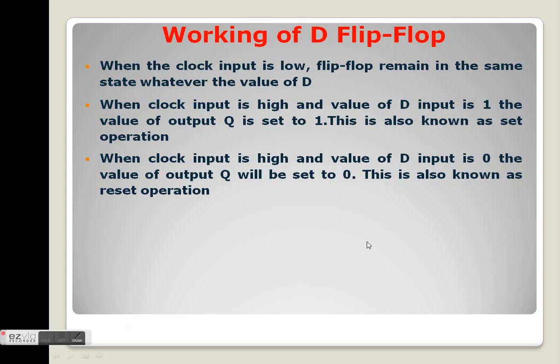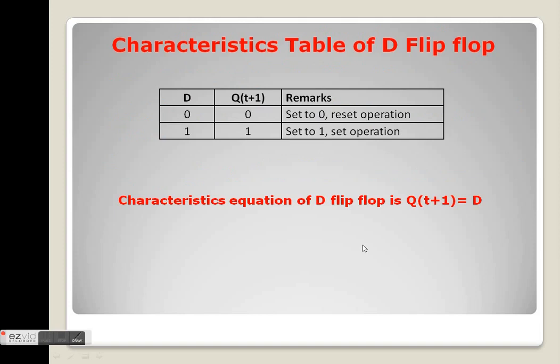Okay. Now the second case is when the clock input is high and the value of the input D is 0. In this case, the value of the output will be 0, and this operation is known as the reset operation. Okay. Students, the characteristics table or the truth table of D flip-flop is visible on your screen.